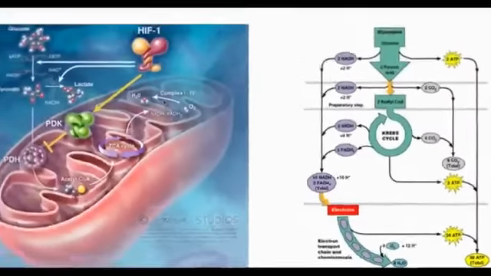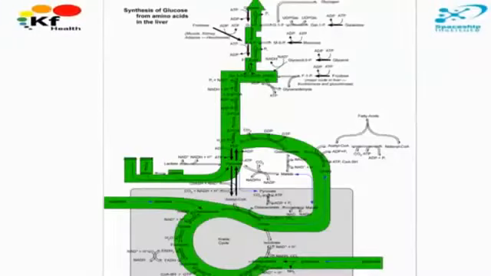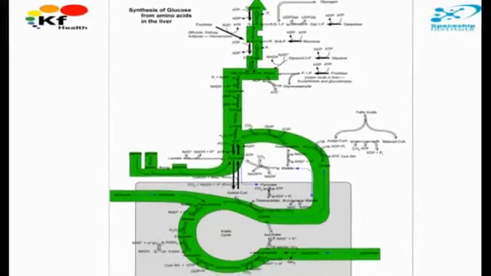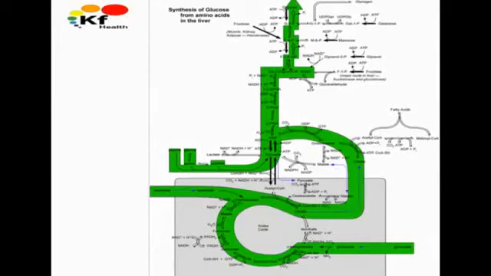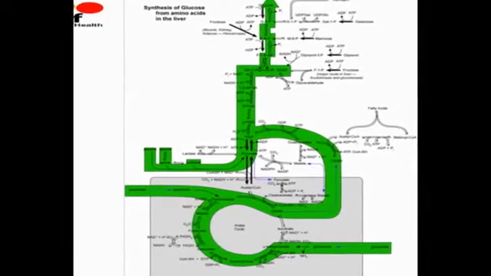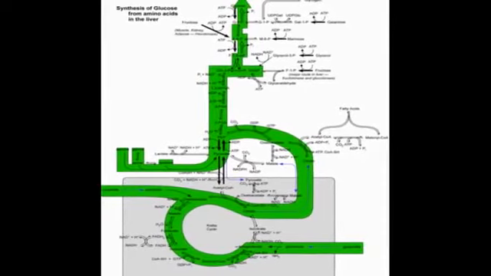Okay, then we go to the next slide. The next slide is a small chemical view of the lysis of glucose and how all other elements go inside that process.